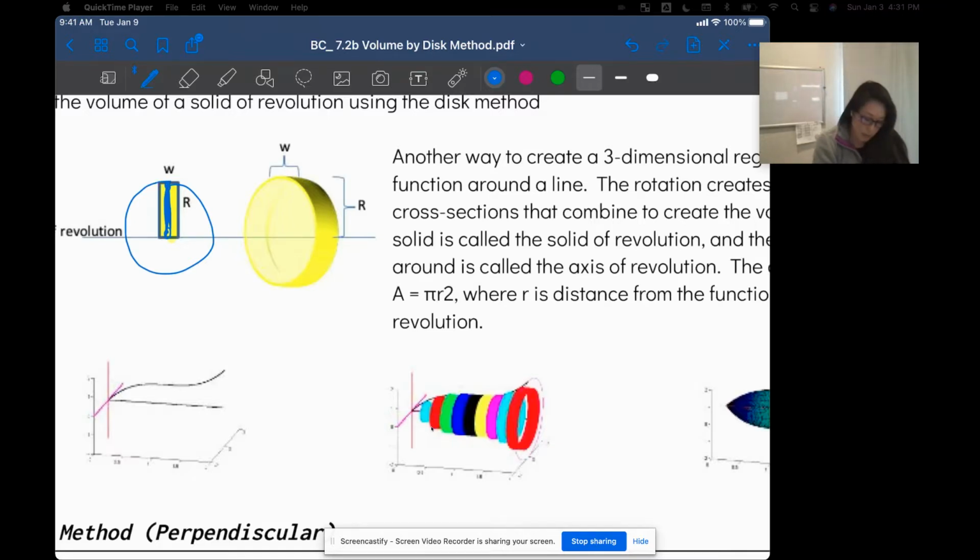What we're going to end up doing is finding the area of the circle and then taking the integral to add up all the different areas of the circles.